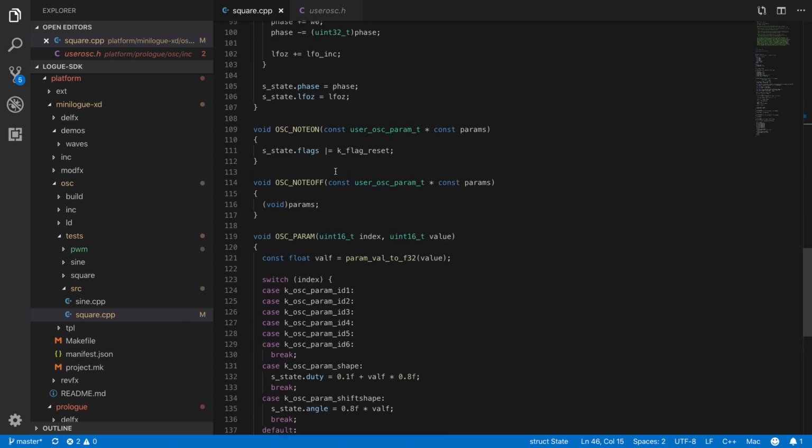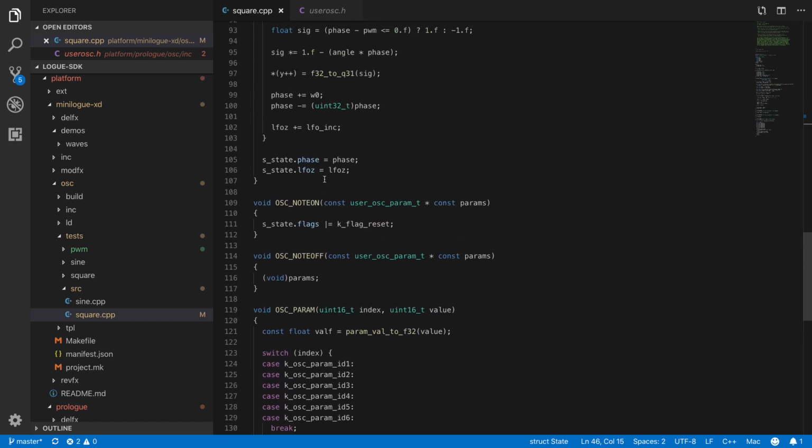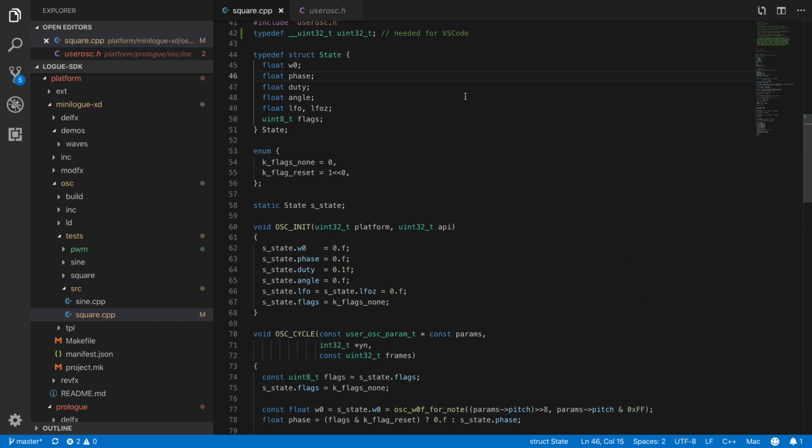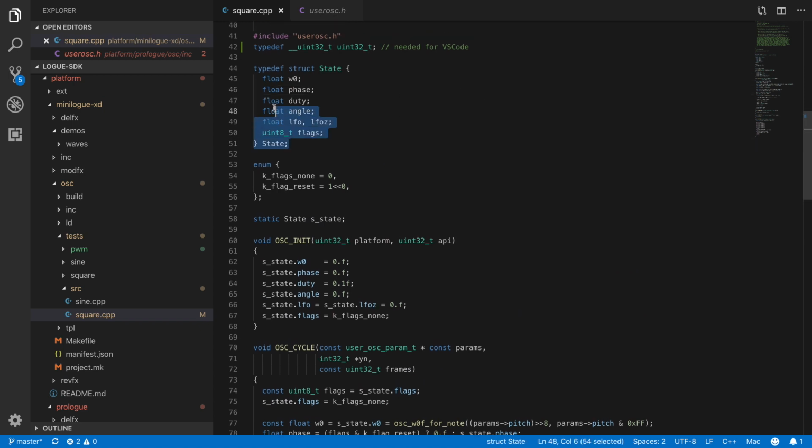This is why we need to handle this with a specific flag that will get handled after the next cycle is getting run. All right, so this is our state of the oscillator.